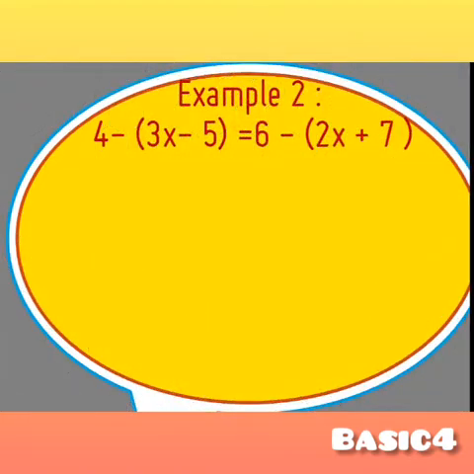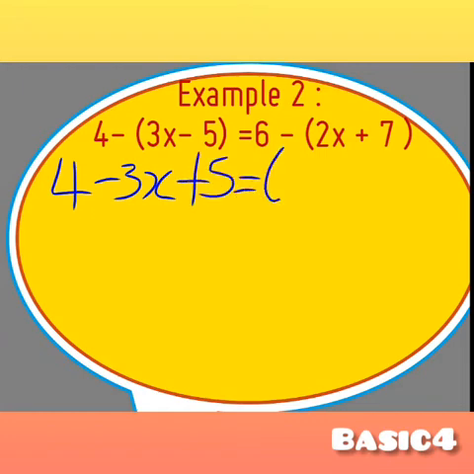Look at another example here. We have 4, open the bracket, minus times 3x will have minus 3x. Minus times minus 5 in the bracket we have positive 5 is equals 6. Minus times 2x we have minus 2x. Minus times positive 7 in the bracket will give us minus 7.